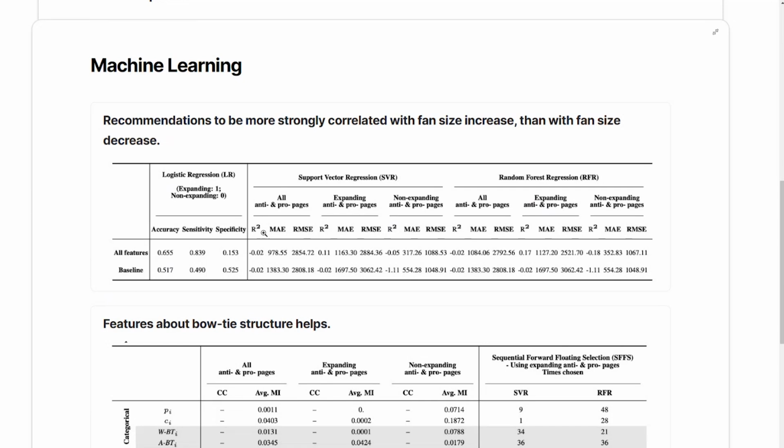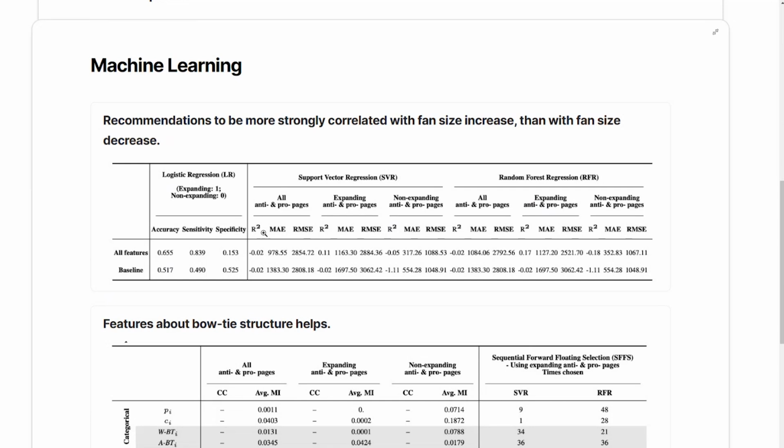The first question that we ask is whether recommendations can predict the fan size variations. Is it enough? We notice that if a Facebook page A receives a lot of recommendations from other Facebook pages, then their fan size is likely to increase.